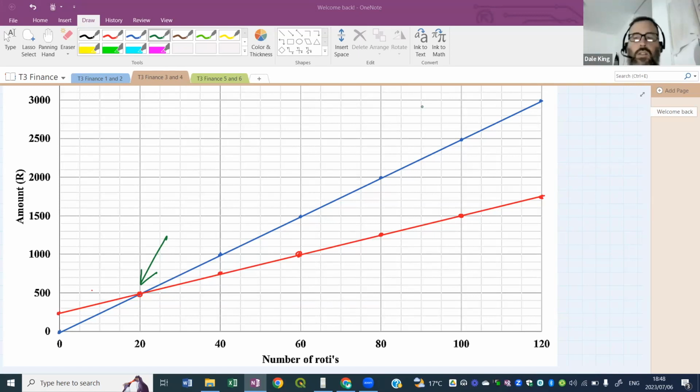Now, if Hein knows this, Hein will make sure that every day he has to sell how many rotis to make profit? How many rotis? Because the question here is, where's my question now? It's evading me.